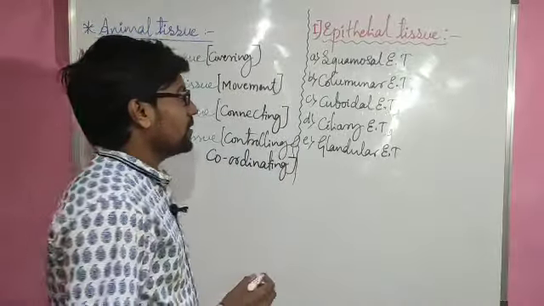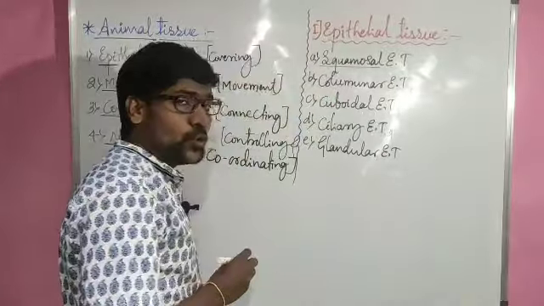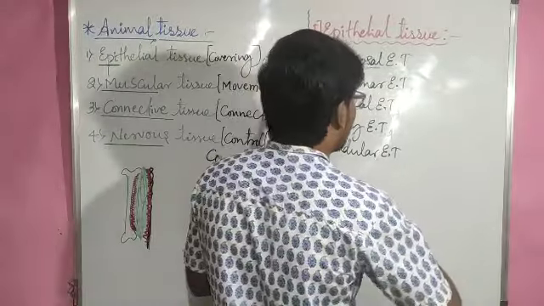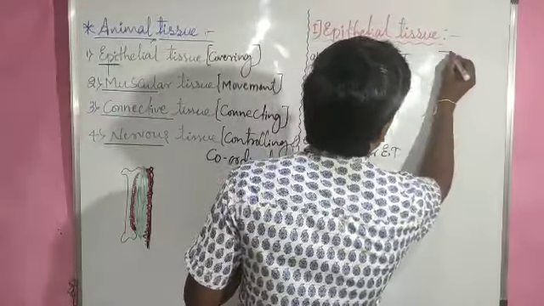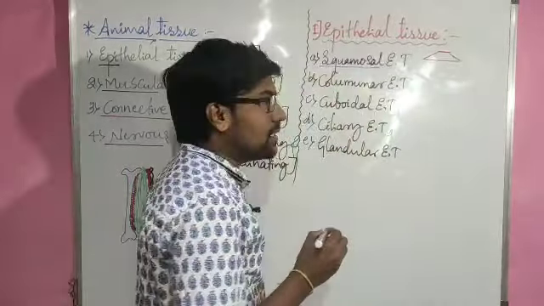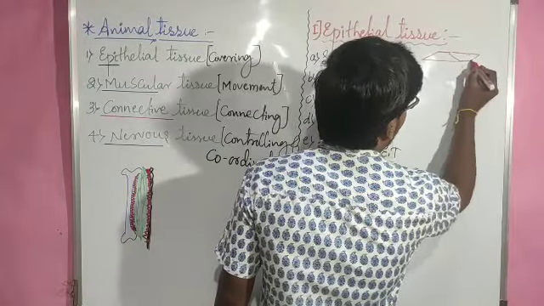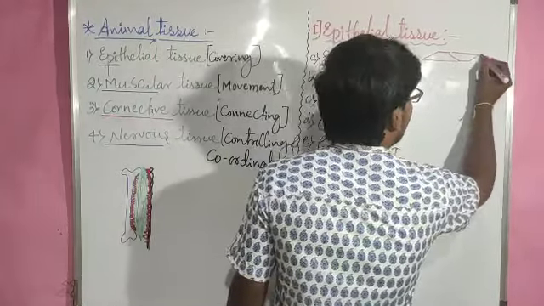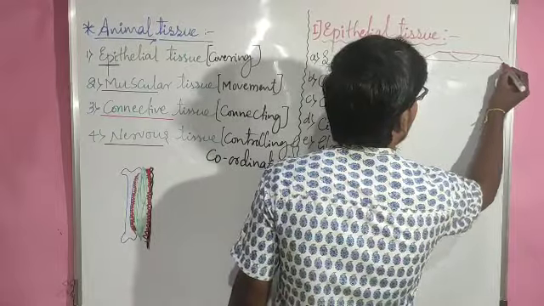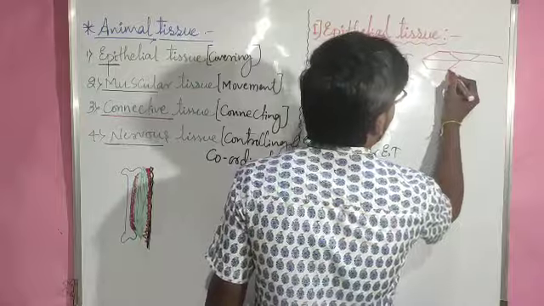So if we consider this squamous epithelial tissue, usually the cells are present in a polygonal shape like this. So this is one cell, connected with another cell, the second epithelial cell, that is connected with the third epithelial cell, and here downside also it is connected with epithelial cells.